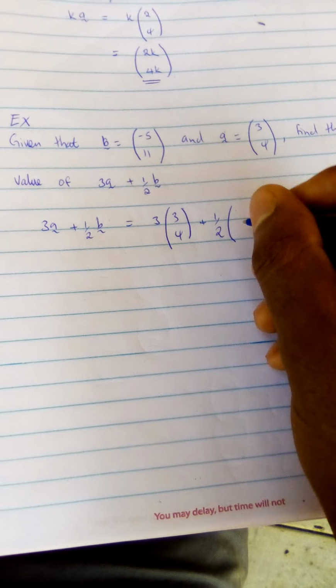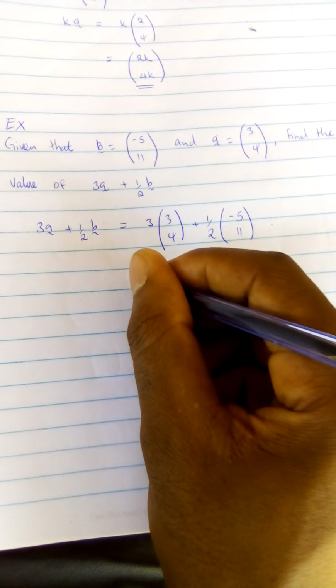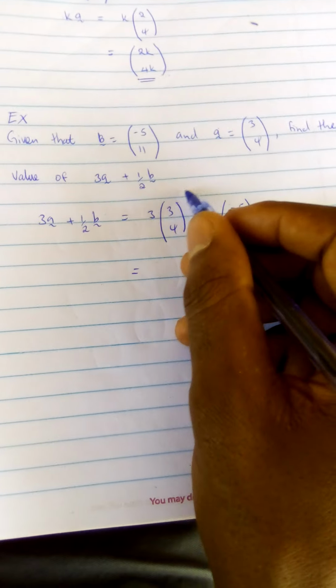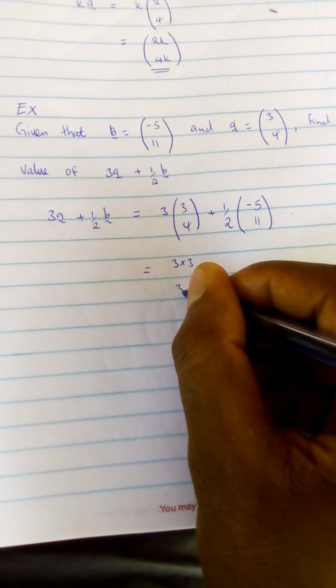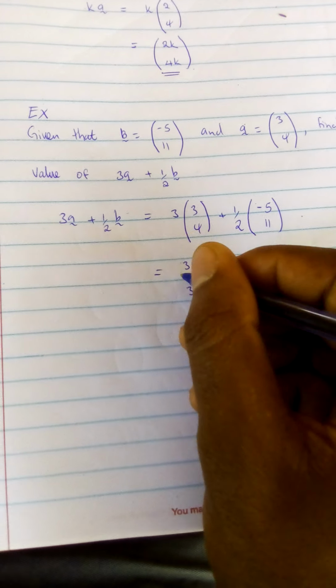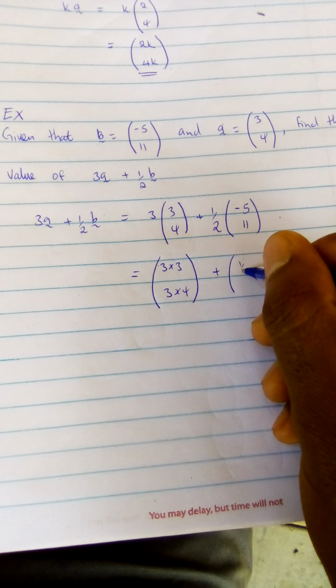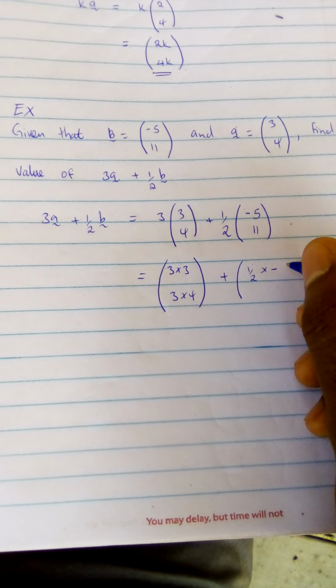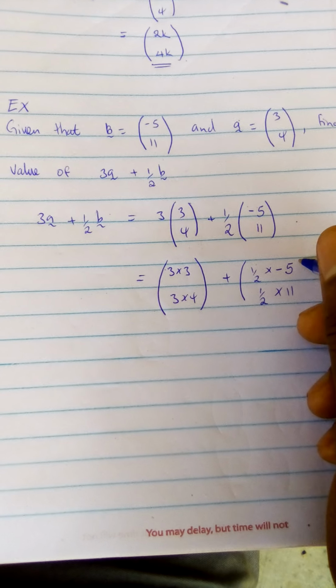Vector B is (-5, 11), such that the scalar multiplies each component of a vector. I have 3 times 3, then 3 times 4 on the first part, plus, open brackets, a half times -5, and then a half multiplied by 11.